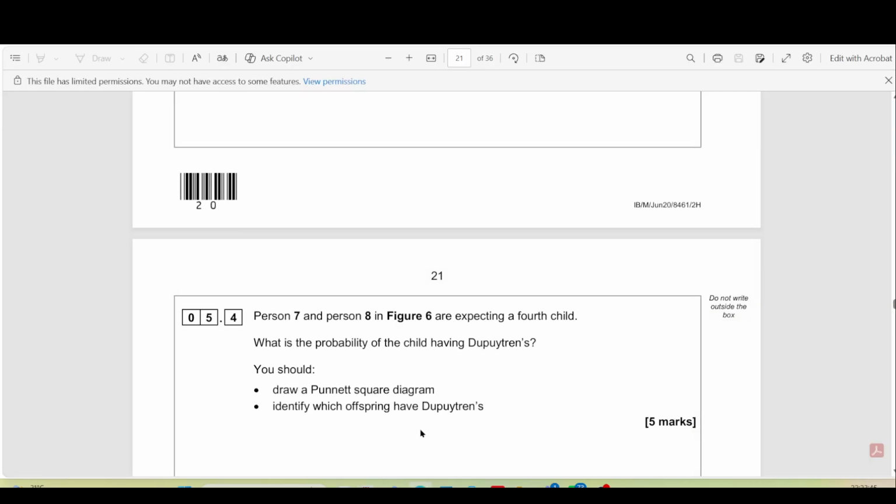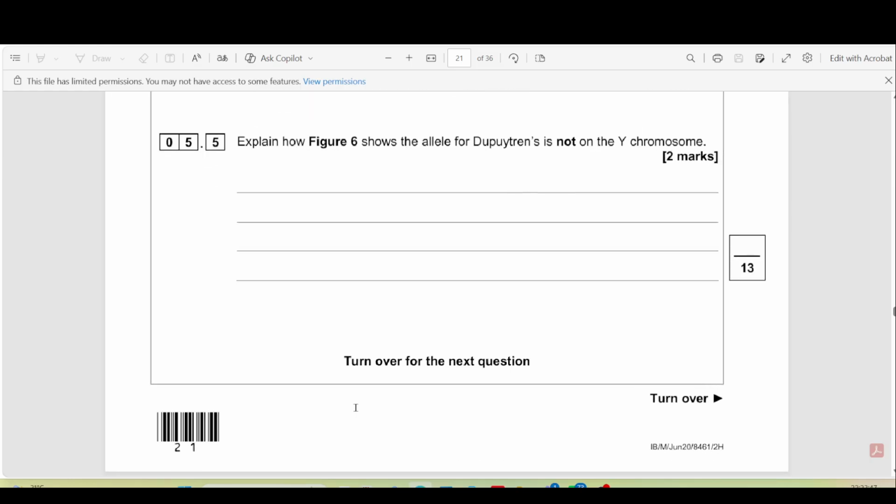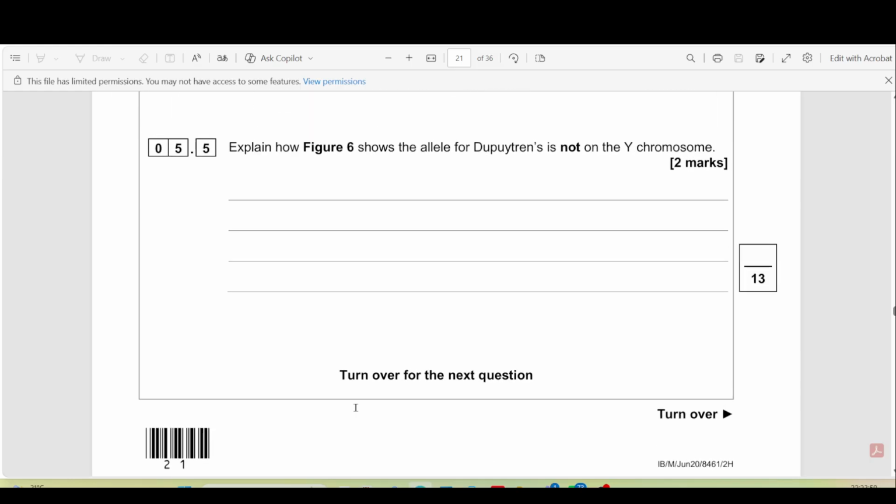Explain how figure 6 shows that the allele for Dupuytren's is not on the Y chromosome.